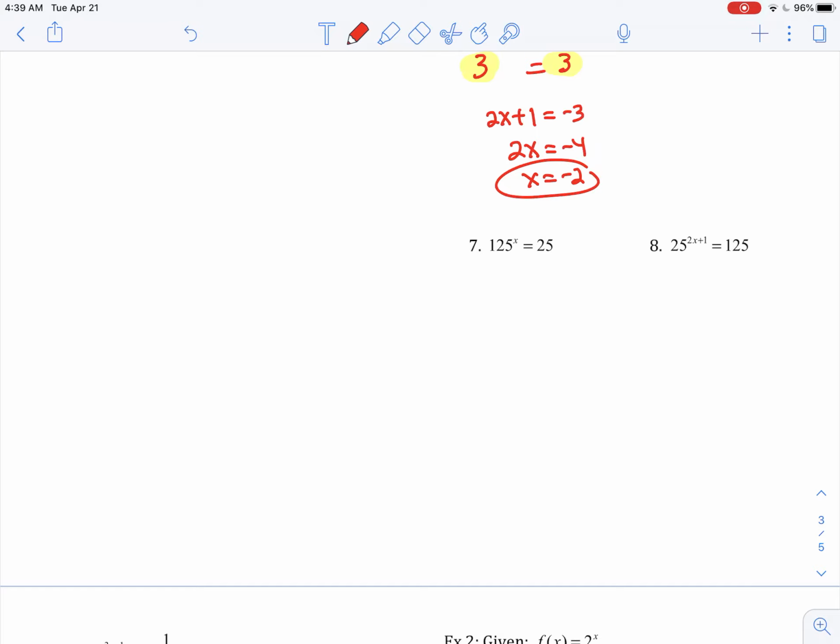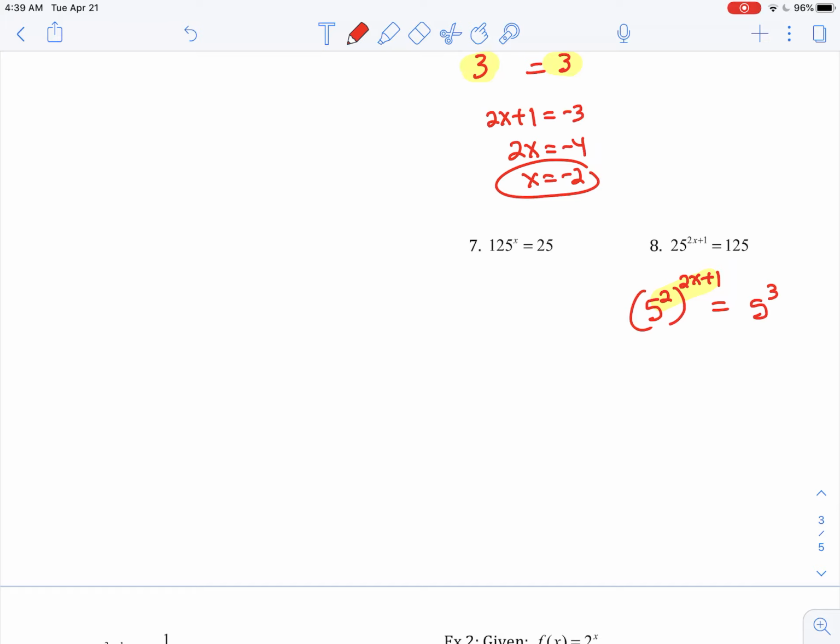On 8, you have 25 to the 2x plus 1 on the left side, and on the right side, a 125. Both of those could be rewritten with a base of 5. 25 is 5 squared. 125 is 5 cubed.